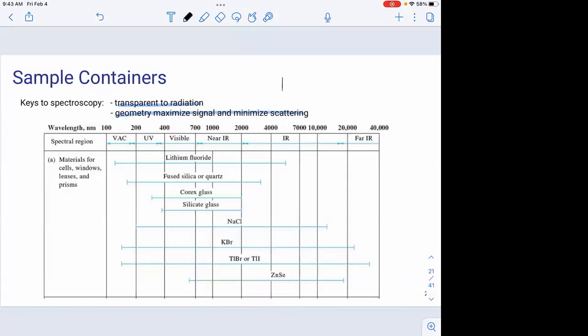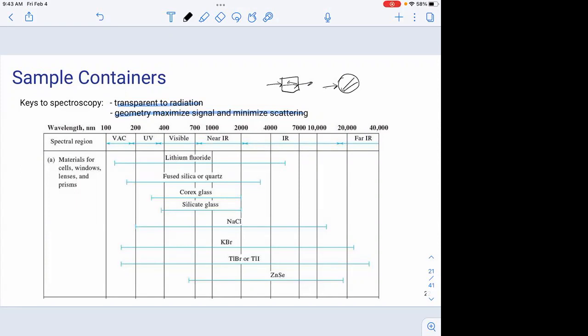So for example, a square cuvette is square because it minimizes the scatter of light as it passes through. You have some loss due to reflection off of a non-parallel beam hitting your glass window, but most of it makes it through, right? If you had a circular cuvette, you may not have that luxury. You'll have much more chance for internal reflection in this example than you would in a square.